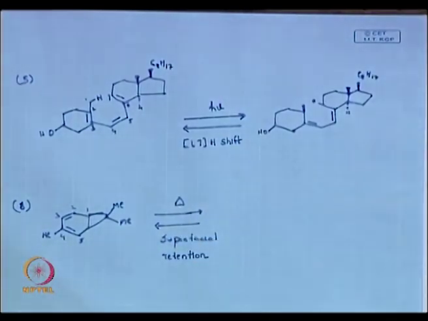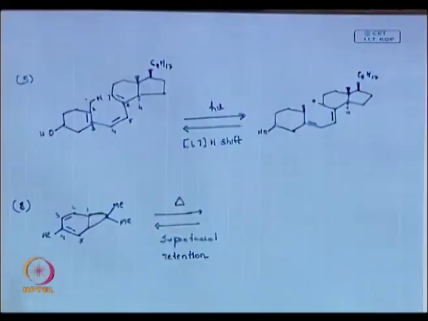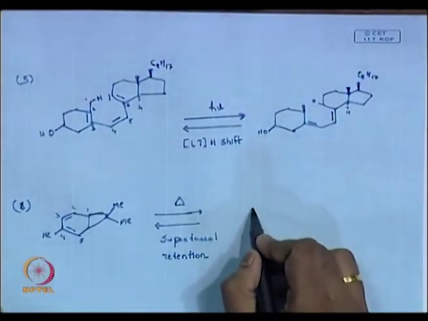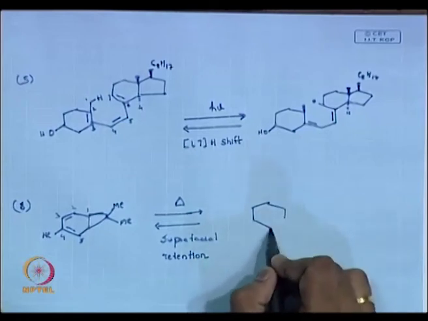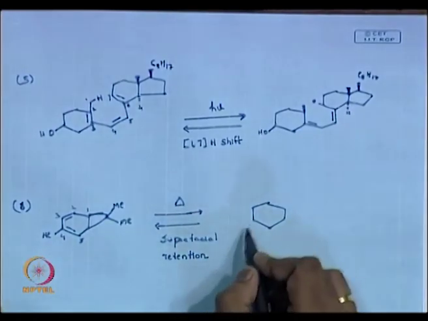See, that is the other way of finding out. One way I can ask you: on heating, what do you get? The other way I can ask you: this is the geometry I got, so find out the condition. You should do it the other way around also. So, on heating, now you just draw the structure. So, it should be a methyl here.